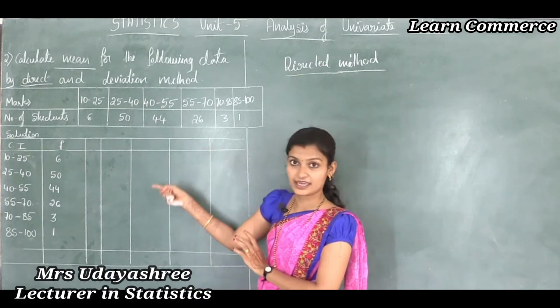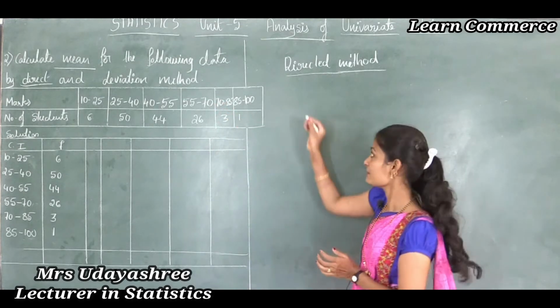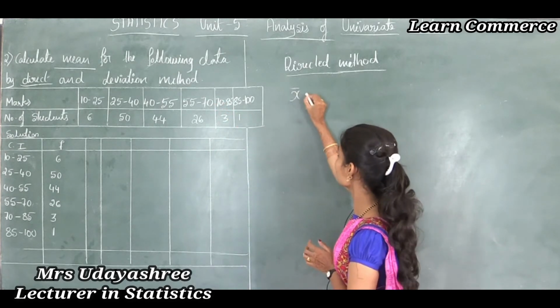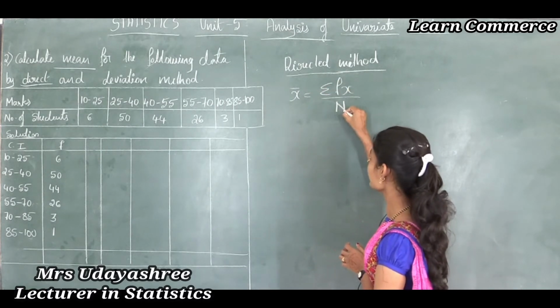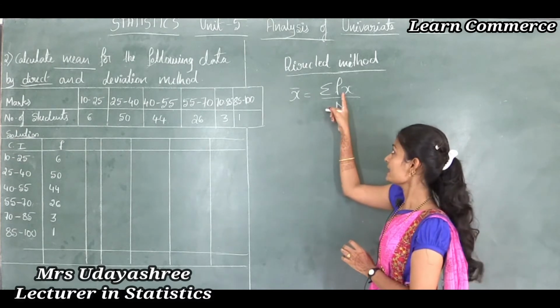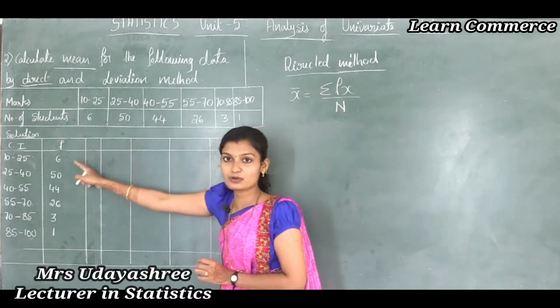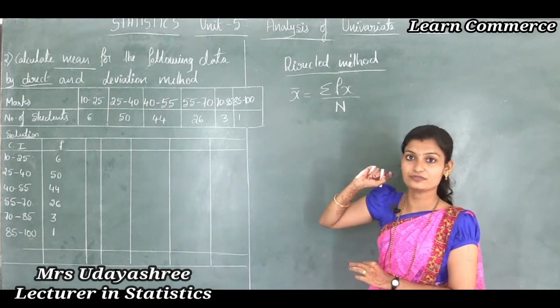So to calculate mean in the direct method, the formula is x bar is equal to summation fx divided by capital N. Here capital N is total frequency, f is frequency, and x is the midpoint of the class intervals.